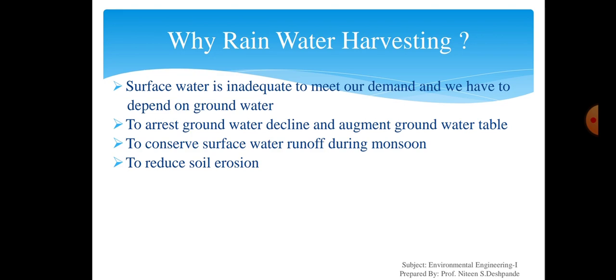So we have to store the excess water in the monsoon, and use that water whenever there is scarcity of water, in the summer days. This is what rainwater harvesting is. Lastly, the objective of rainwater harvesting is to reduce soil erosion.